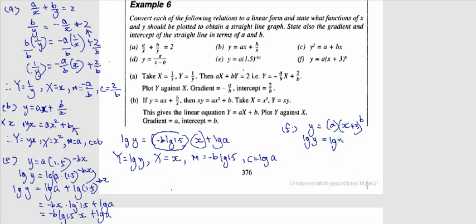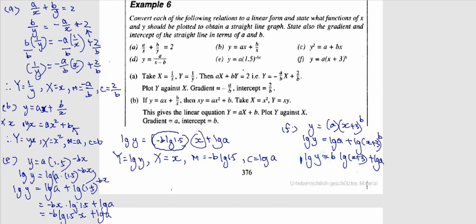Log this times this, so actually I can split out log a plus log of x plus 3 to the power of b. Now let's move the b in front of the log, so it becomes b log of x plus 3 plus log a. The coefficient of log y is 1.